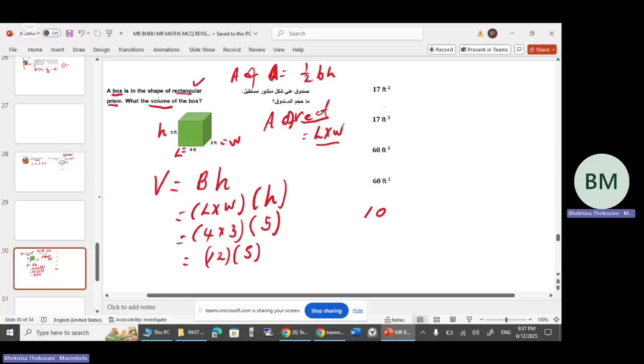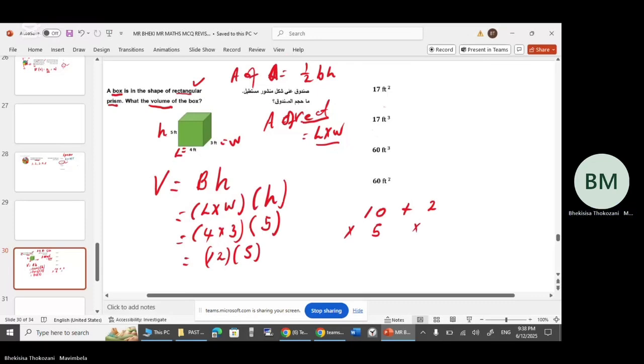Let's expand this. I like the expansion method. Makes life much easier. So this is 12. You multiply by your 5, and you also multiply this one here by 5.